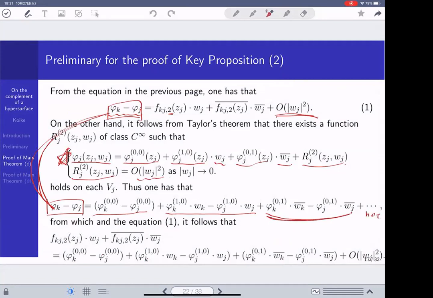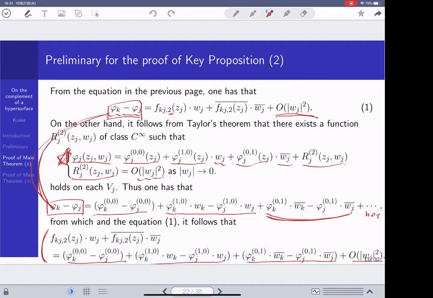We can compare these two expressions of the function phi k minus phi j. And the conclusion is like this: phi kj2 wj plus phi kj2 bar w bar is equal to this one plus this one plus this one plus higher order term.